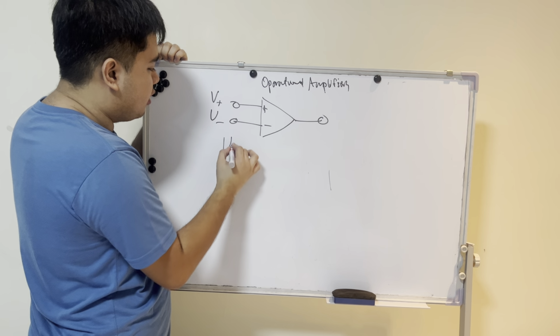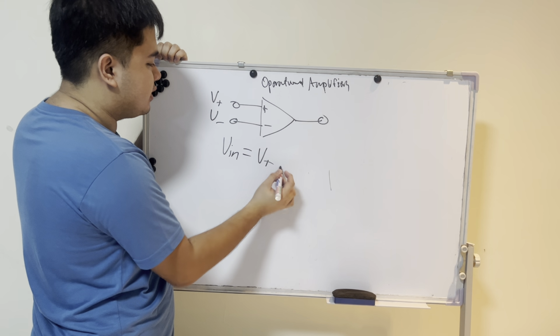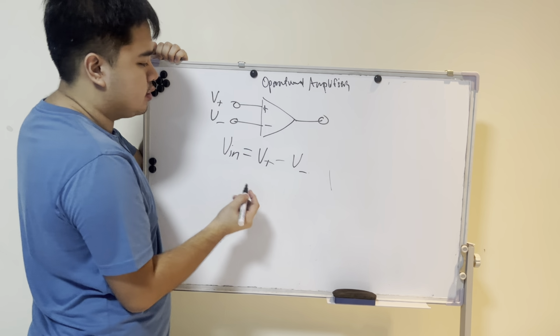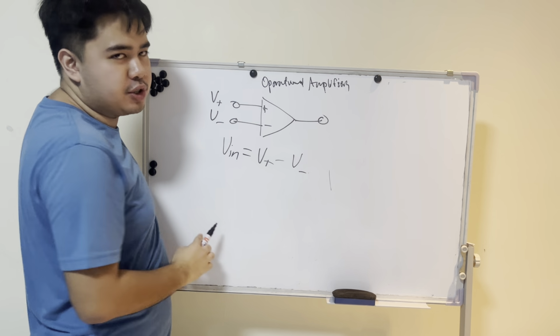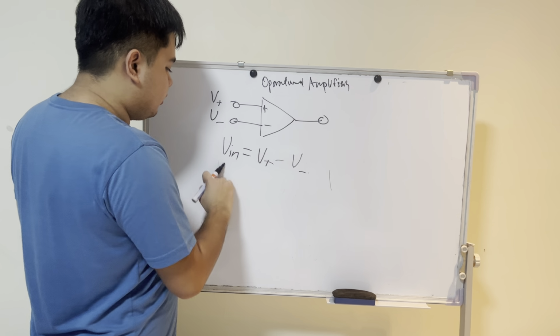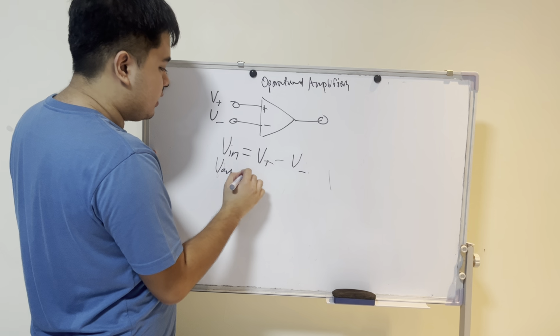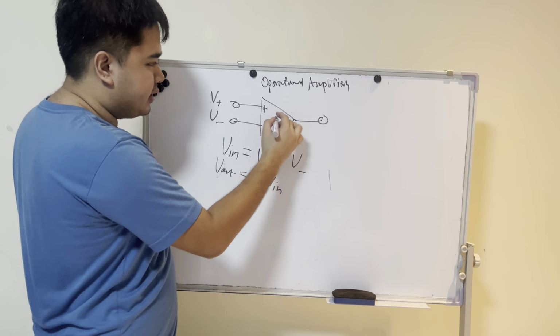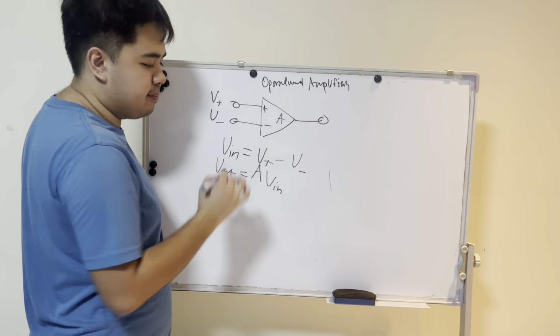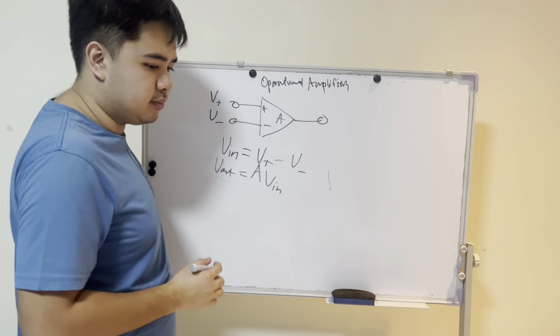And the overall input is V plus minus V minus. Right? And it is denoted by plus and minus, so you know which one to subtract. And V out is V in multiplied by the gain of the operational amplifier. Alright.